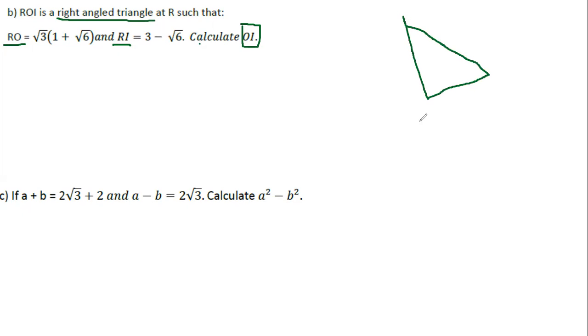This is a triangle right at R. The right angle is at vertex R, and this is RI, and this is O. Isn't this the triangle? Yes. We are given side RO, we know this. We are given side RI, we know this. Side IO is the missing side.